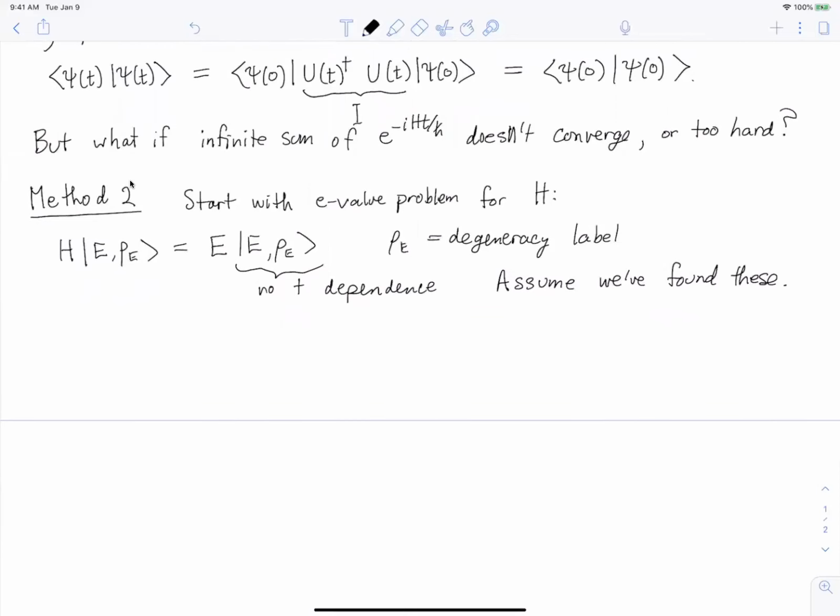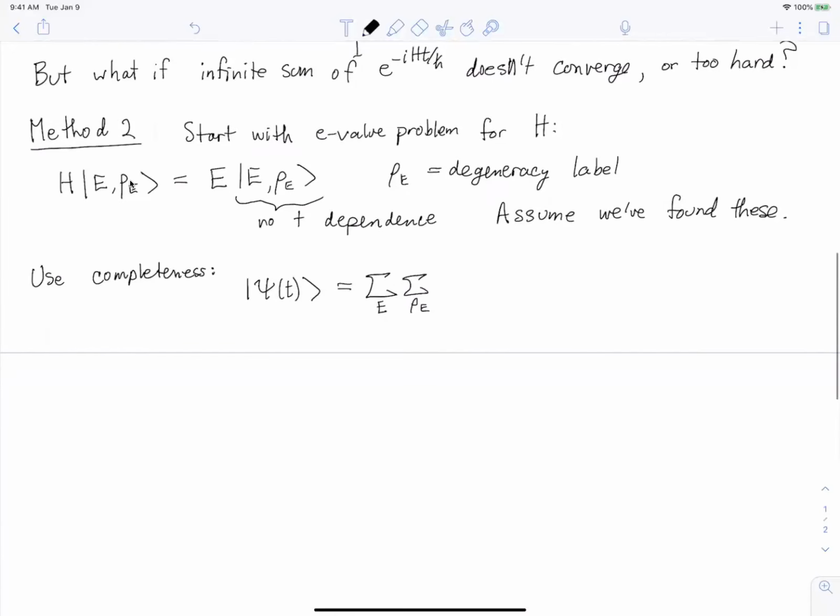So what should we do next? Oh, I know what, completeness, because that's what we always do next. Use completeness. What we're going to do is say our state ket psi of t at some later time is equal to a sum over all energies. And then for every energy, we sum over any degeneracy labels that might happen for that energy.